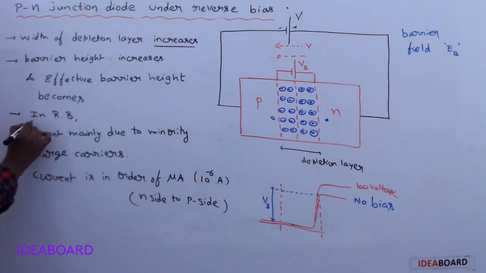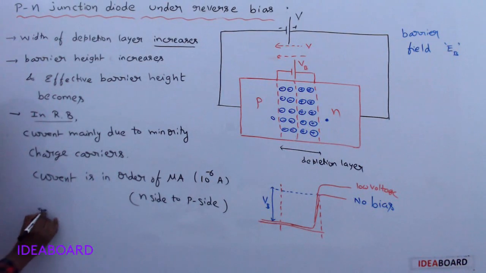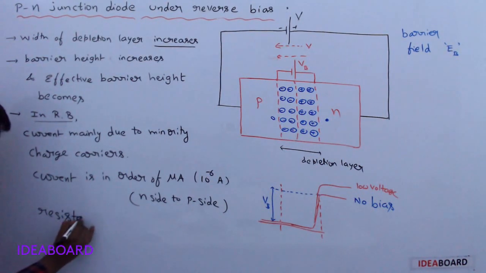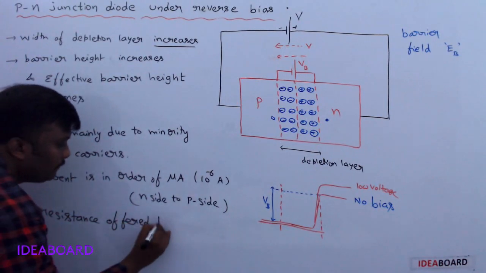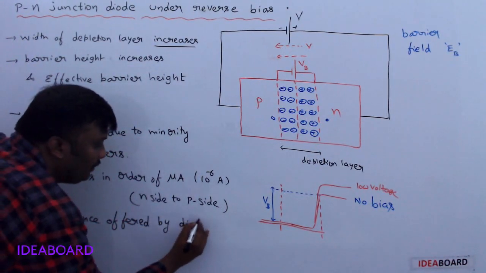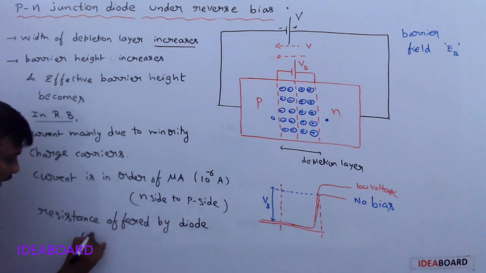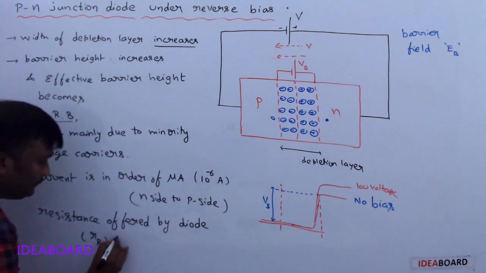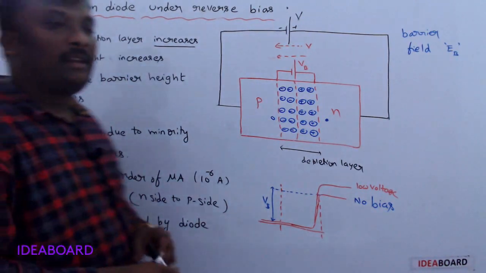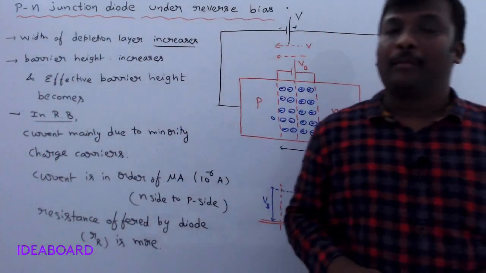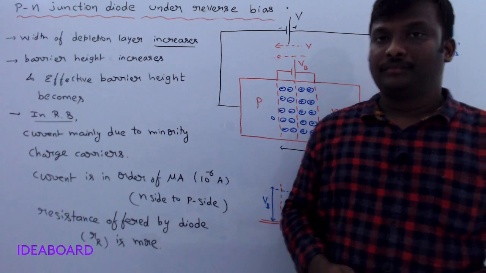That's why in reverse bias, the resistance offered by the diode, indicated as RR, is more. Understand? This is about the reverse bias.